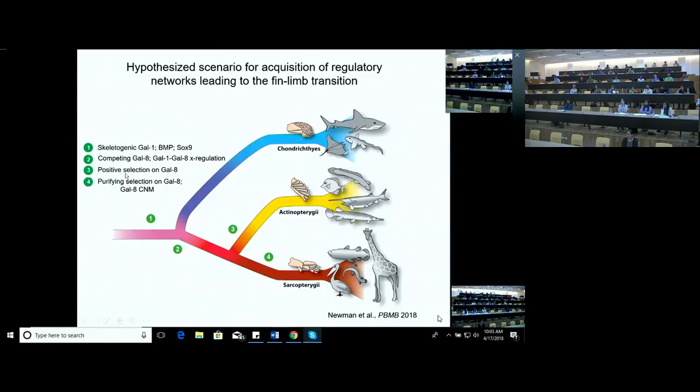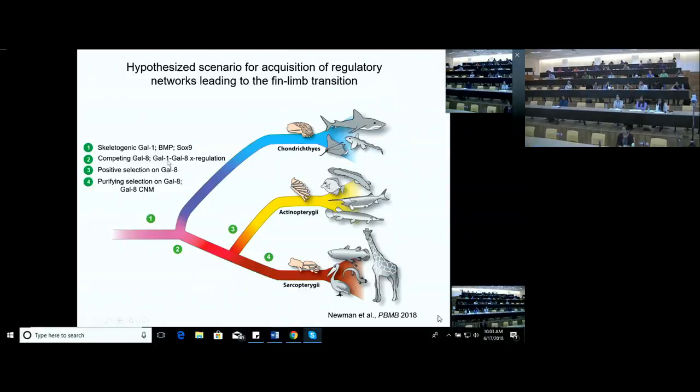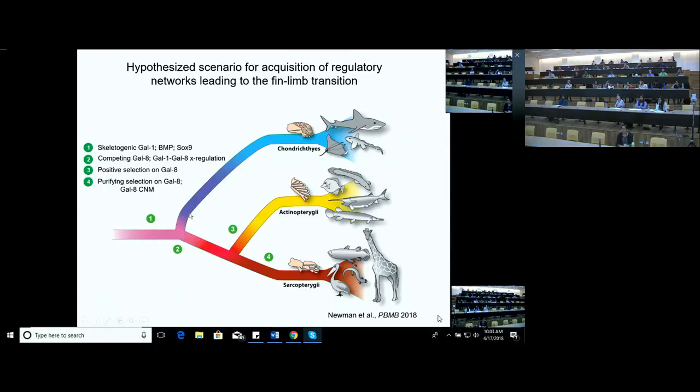At 2, we have competing galectin-8 and galectin-1, and galectin-1 and galectin-8 cross-regulation. And this enables the formation of the characteristic pattern of the cartilaginous fish, because we can get many parallel elements from the dynamics of the system that's defined by number 2.